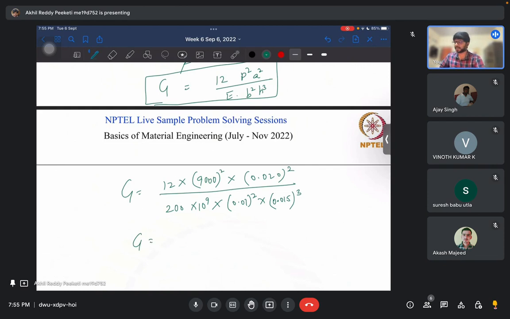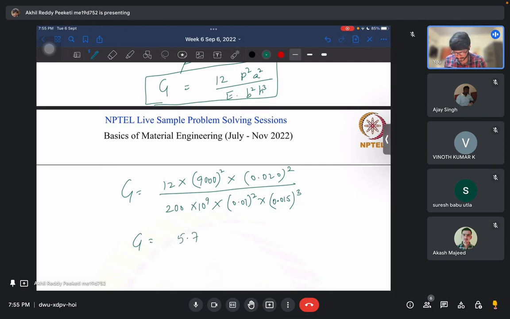So you can plug in all the numbers. So let me plug in 12 into 9000 square into 0.02 square by 200 into 10 power 9 into 0.01 square into 0.015 cube.